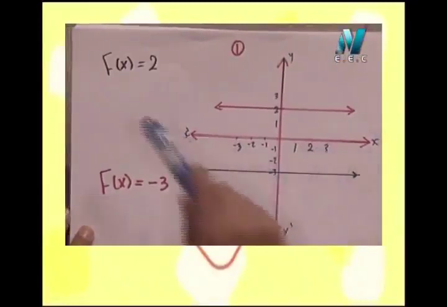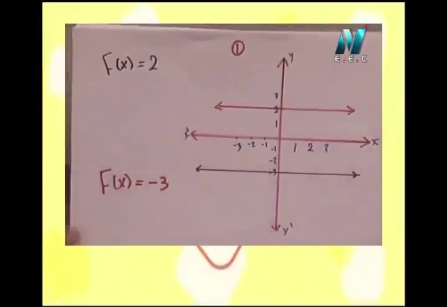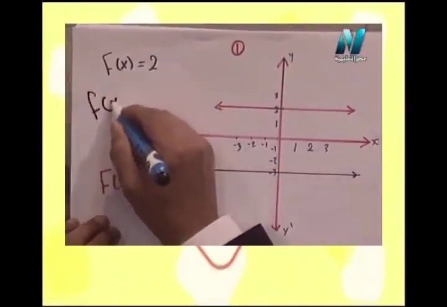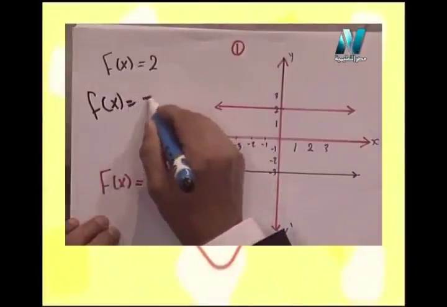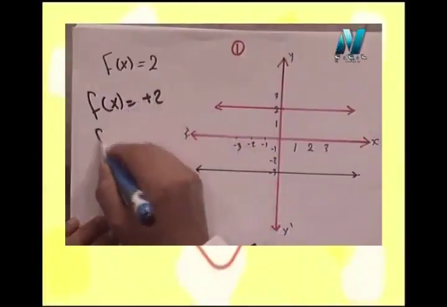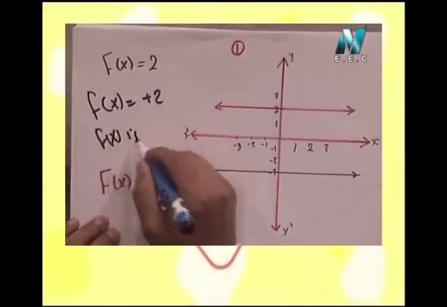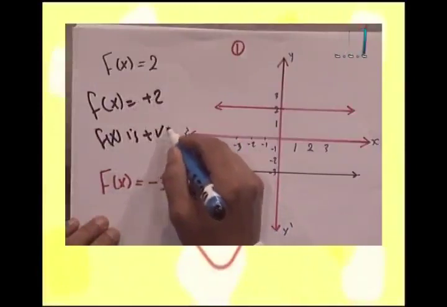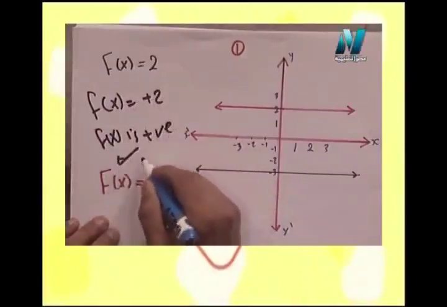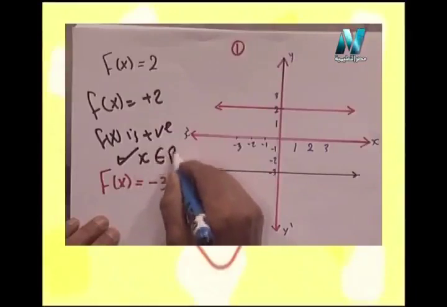Yes. We have here f(x) equals positive 2. So the function always is positive. f(x) equals positive 2, so f(x) is positive for all x belongs to R.